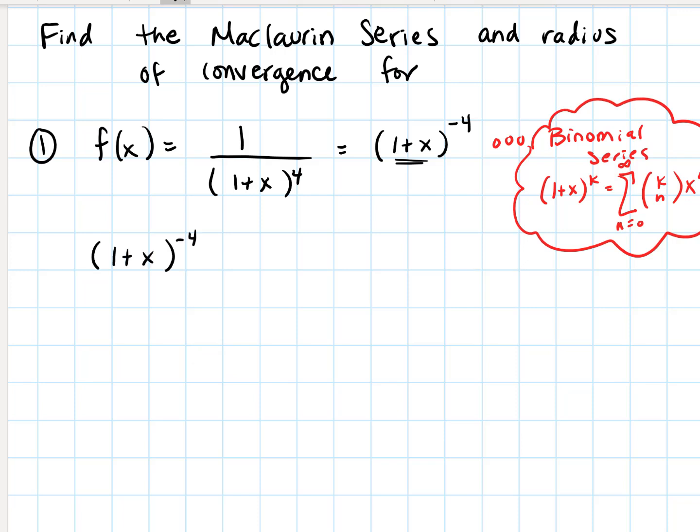Now, I'm sorry, we should say one more thing. As soon as we've done this equality, we should always mention that this is true when the absolute value of x is less than 1. So we should definitely make that statement.